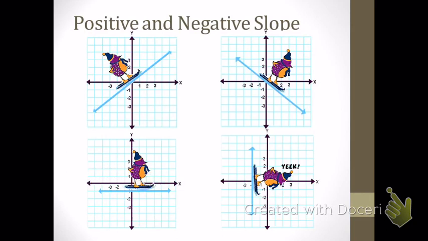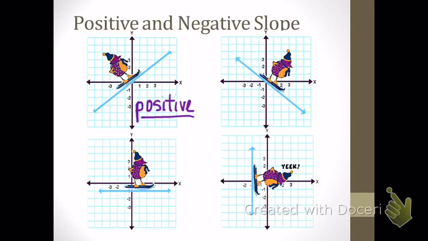We can assign values to these. The slope in this first grid is going to be a positive slope. We're going to learn to calculate a number for the steepness, but I know that any line that rises as I'm going from left to right, going up, is going to be a positive slope.